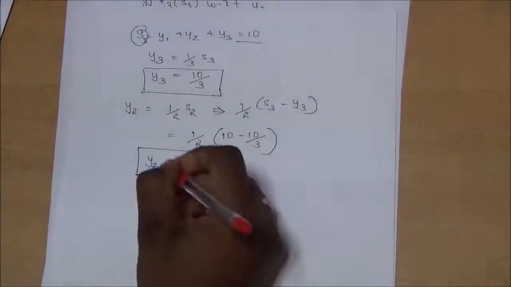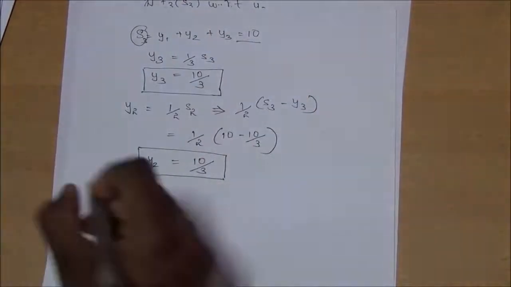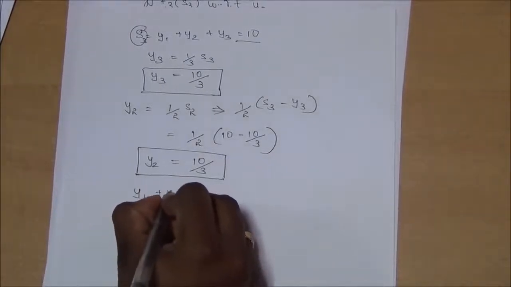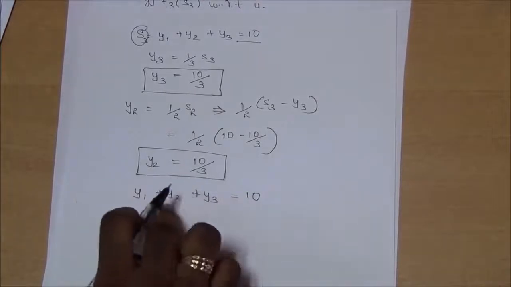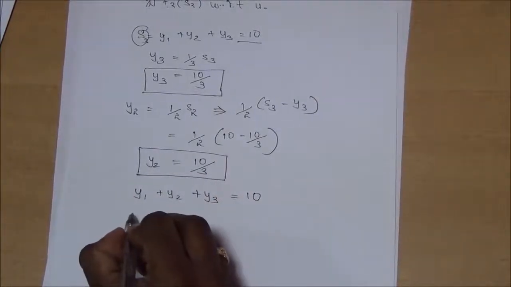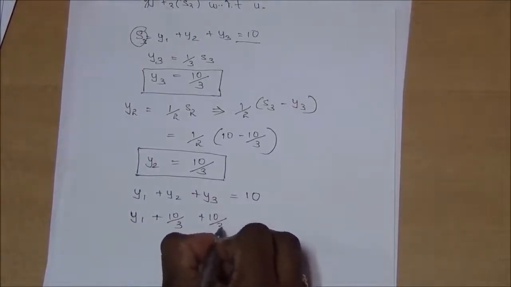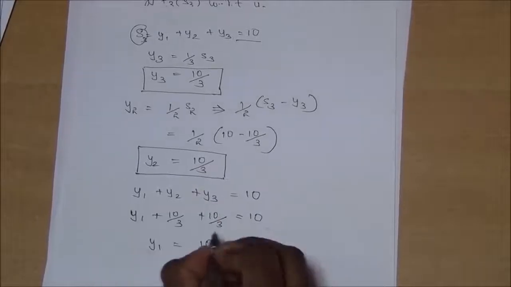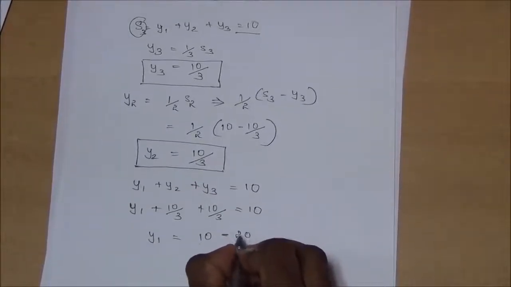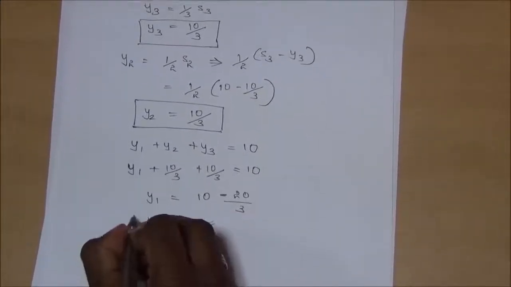Since we know y2 and y3, we can calculate y1 from the equation y1 plus y2 plus y3 is equal to 10. So substitute the values for y2 and y3: y1 plus 10 by 3 plus 10 by 3 is equal to 10. So y1 is equal to 10 minus 20 by 3, so y1 is equal to 10 by 3.